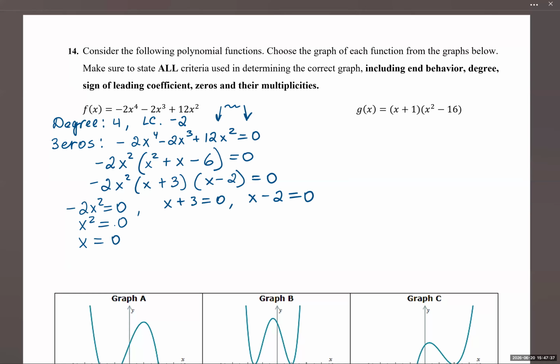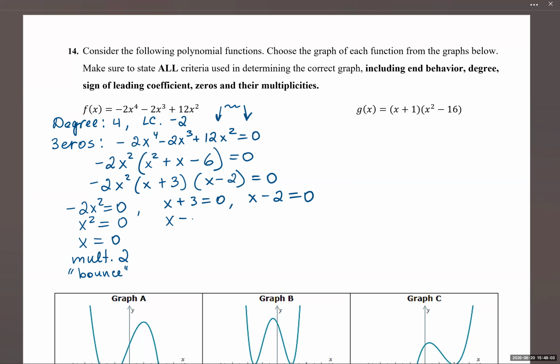Since it's just 0, multiplicity is 2. X was squared, so we got 0 twice. Plus or minus 0 is still 0. Since multiplicity is even, we're going to bounce in that x-intercept. So at 0, the graph is going to touch the x-axis and bounce off of it. It's not going to cross.